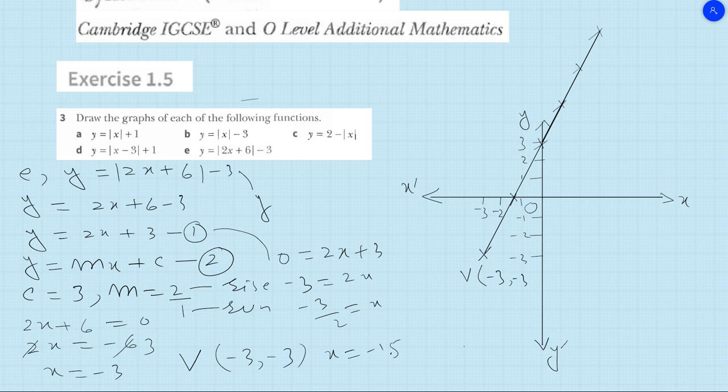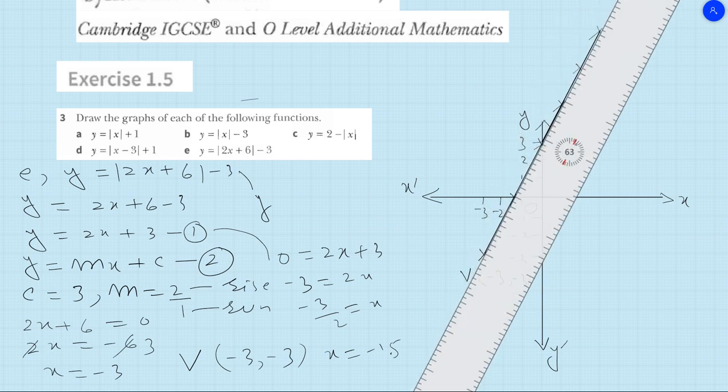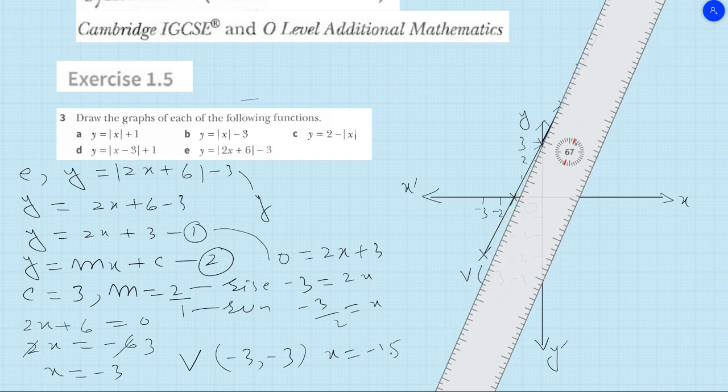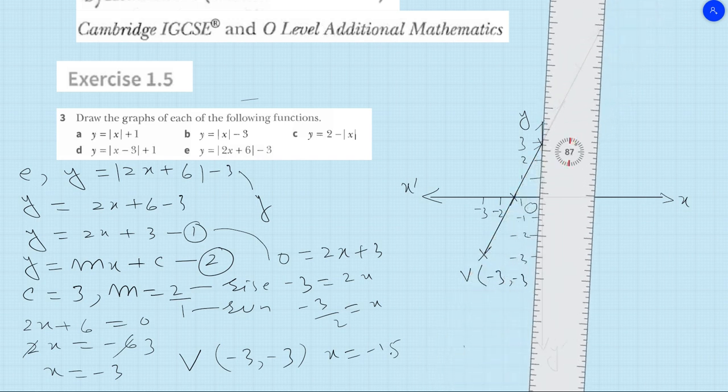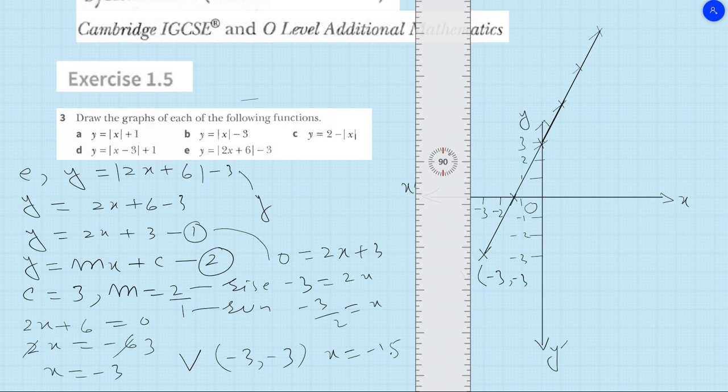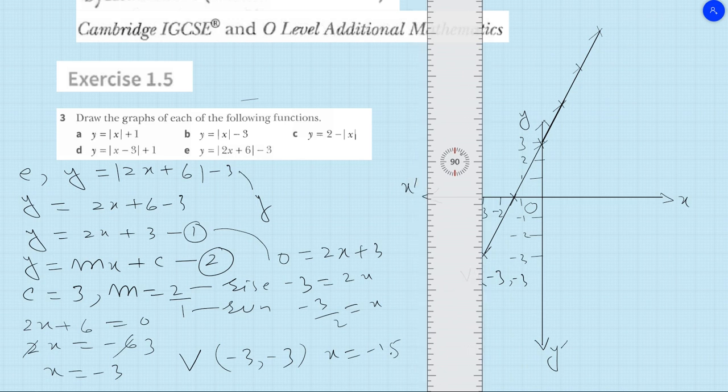I want to draw the mirror line, and this should be a dotted line. See this.